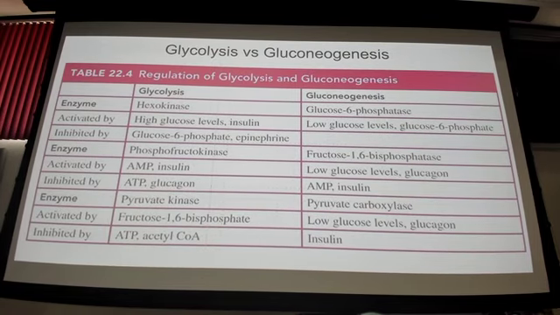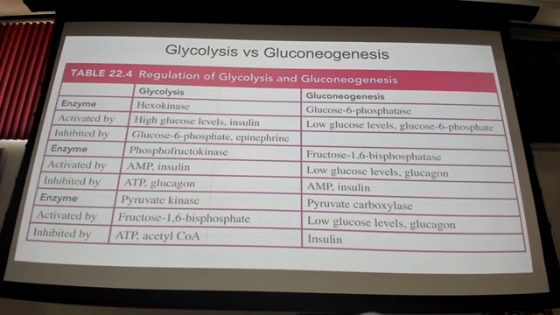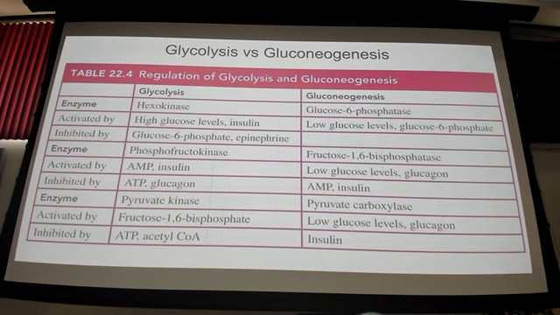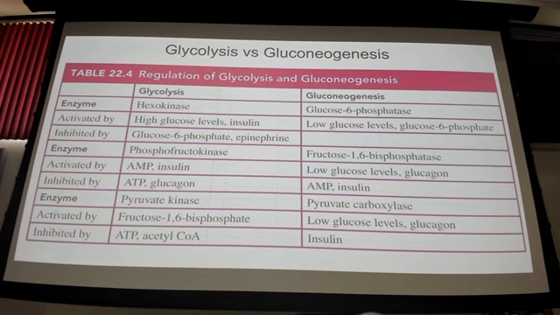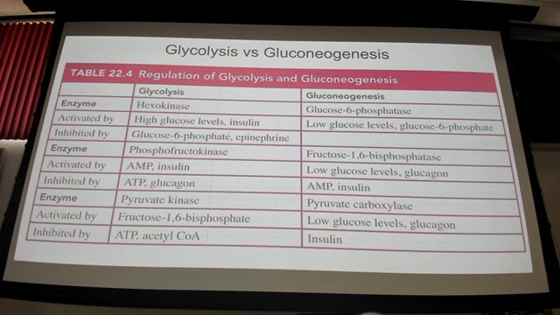All right, here are the differences between glycolysis and gluconeogenesis in terms of how they're regulated. You see gluconeogenesis, the important enzymes are the ones I just mentioned, glucose 6-phosphatase, fructose 1,6-bisphosphatase, and then pyruvate carboxylase.